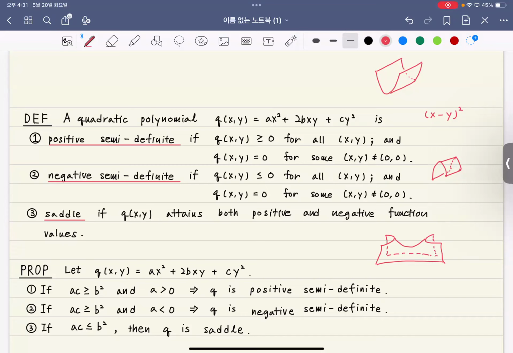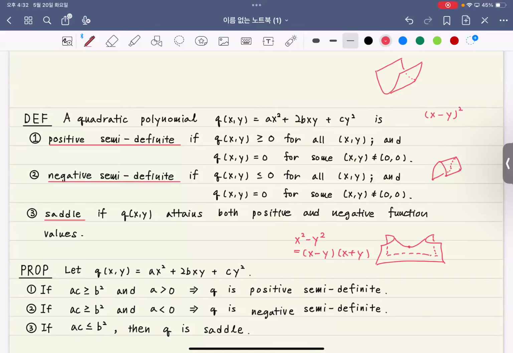This is the origin, and if you deviate from the origin in a certain direction, then your function value is negative. But if you deviate in this other direction, then your function value might be positive. So, for instance, x squared minus y squared is saddle, right? For some clever choices, the function value can be positive, and it also can be negative.